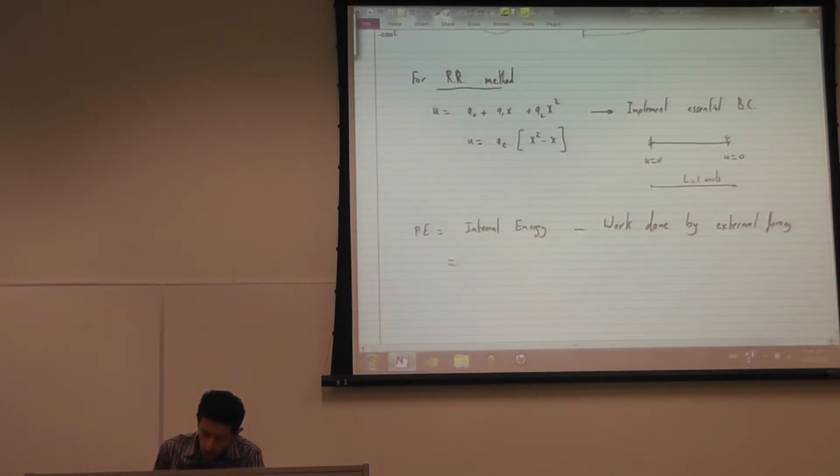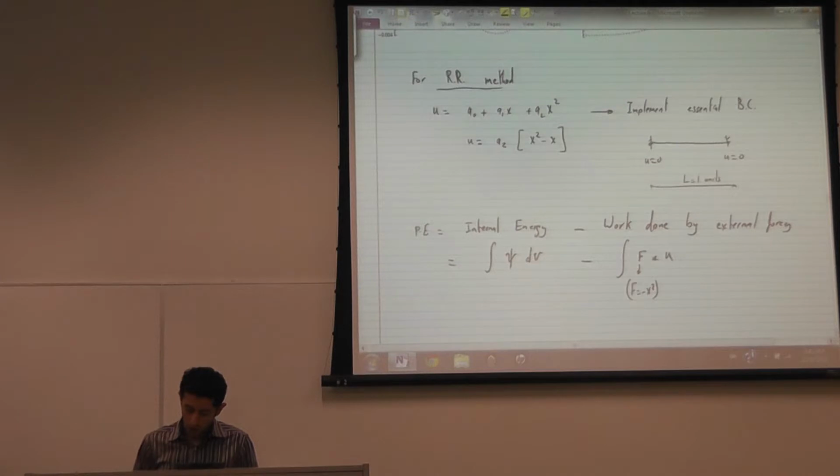The internal energy is equal to the internal energy per unit volume integrated over the volume. The work done by the external forces is equal to F, where F is equal to negative x squared, integrated over the length.